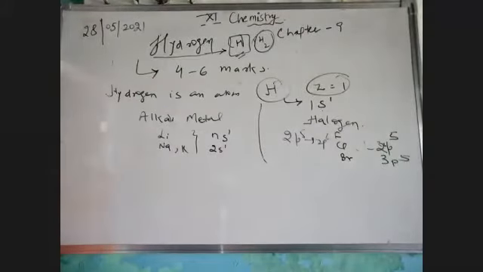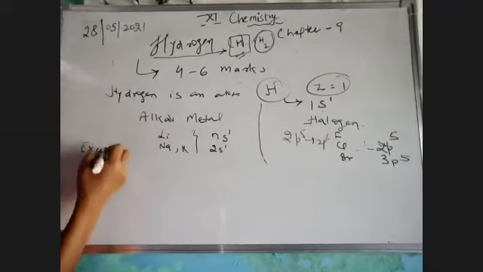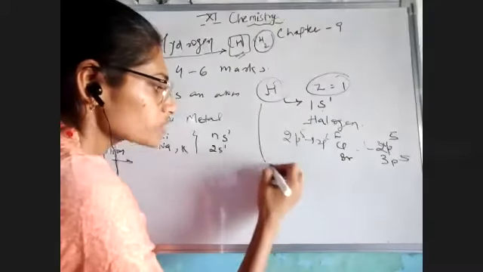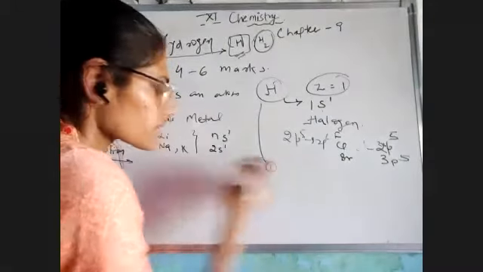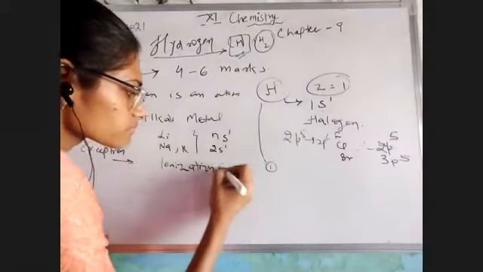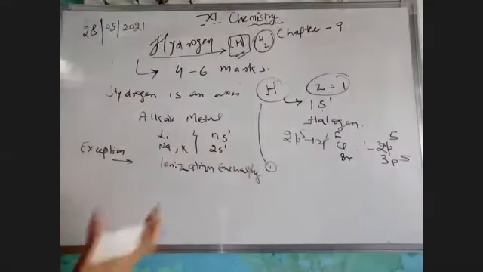Now these were the resemblances, now I'm taking the exception. The very first point in the exception is the ionization enthalpy, meaning the energy to remove an electron from its outer state.